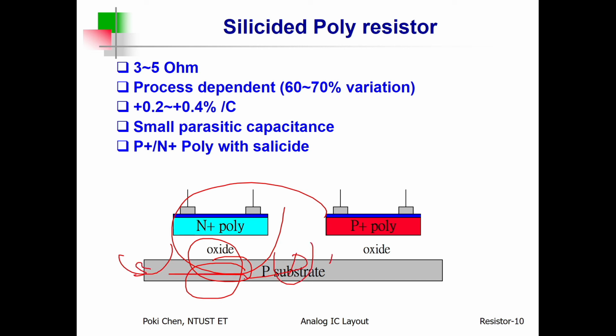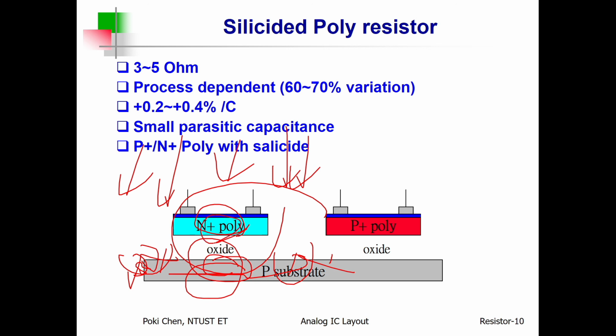So for PMOS, during such kind of implantation or diffusion, source and drain will become P+. However, poly is above channel. Poly is used to protect the channel. And it means all the diffusion or implantation will happen at poly. So poly will become P+ here for PMOS area.